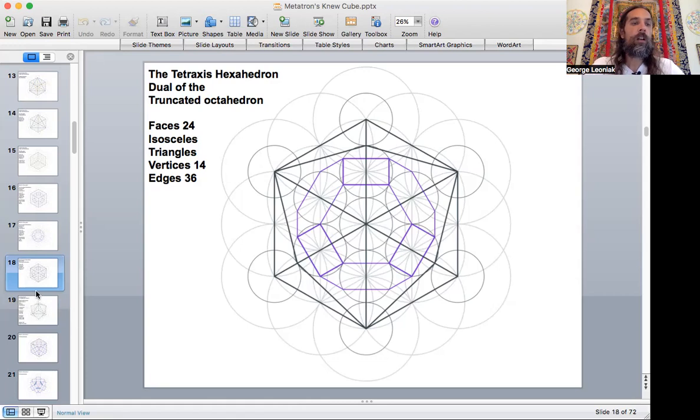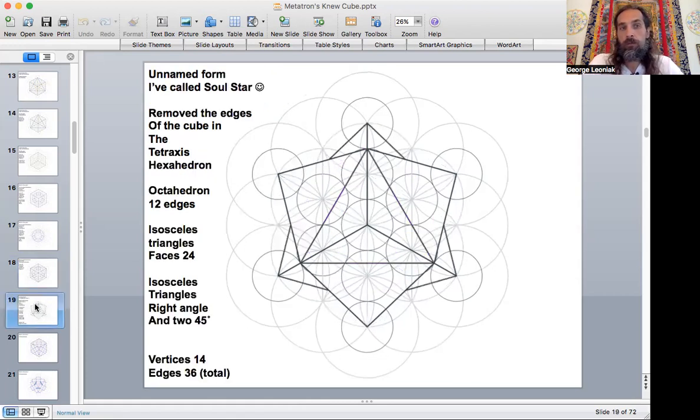All right, so this is one of my first forms that really initiated me deep into sacred geometry, a form that I was just calling the soul star at the time, and I realized there's an infinite amount of varieties of soul stars, because it really just comes down to how your octahedron is breathing.